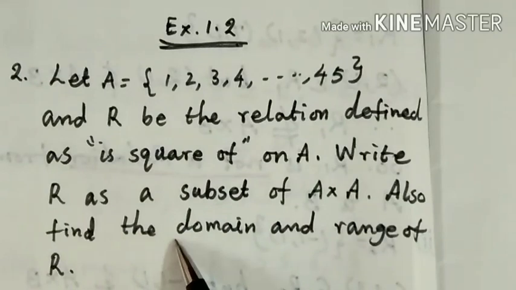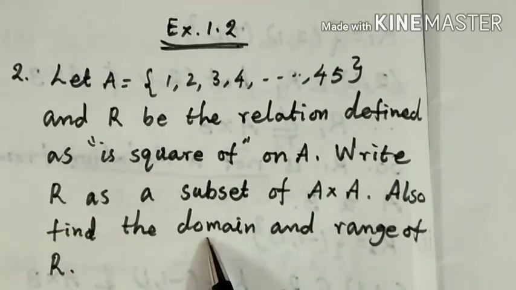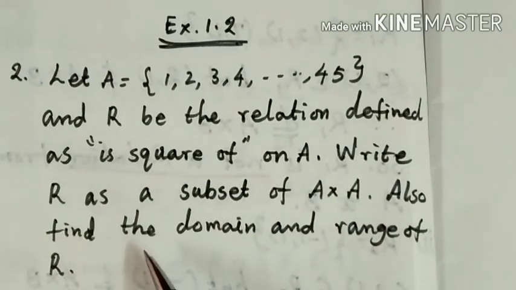You have to find the ordered pairs of the relation and the domain and range of the relation.